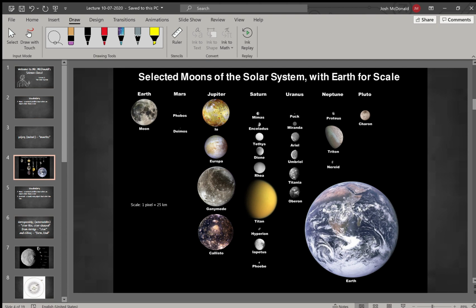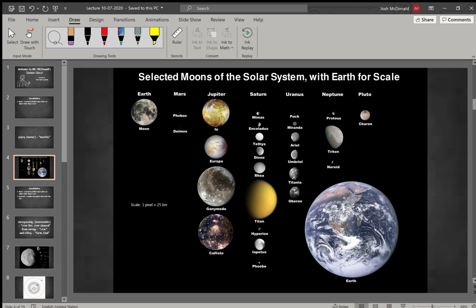Saturn has one very large moon and some numerous small moons, Titan being the largest. But Ganymede, Callisto, and Titan are the largest of all of the moons in the solar system. So, like I said, there are a few hundred. I don't expect you to know all of them. I just want you to have a good understanding of what a moon is when we talk about it.